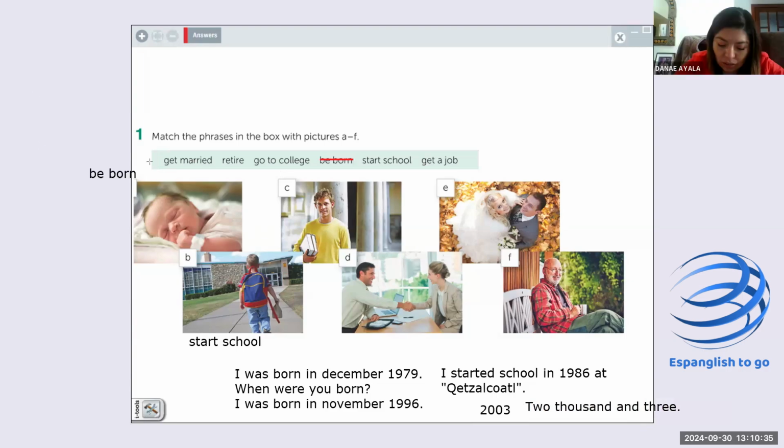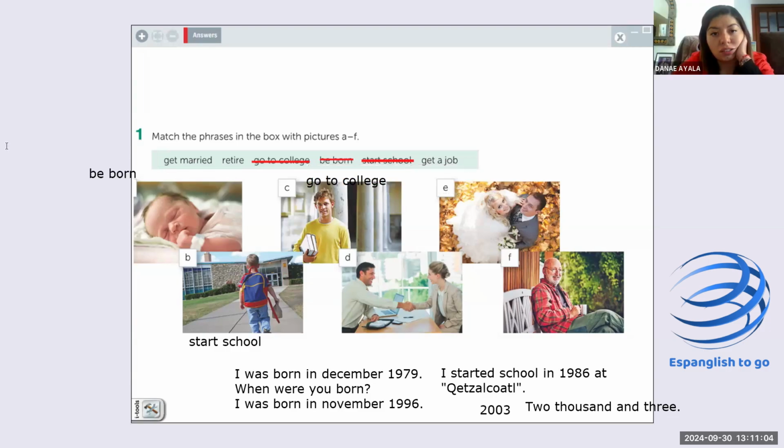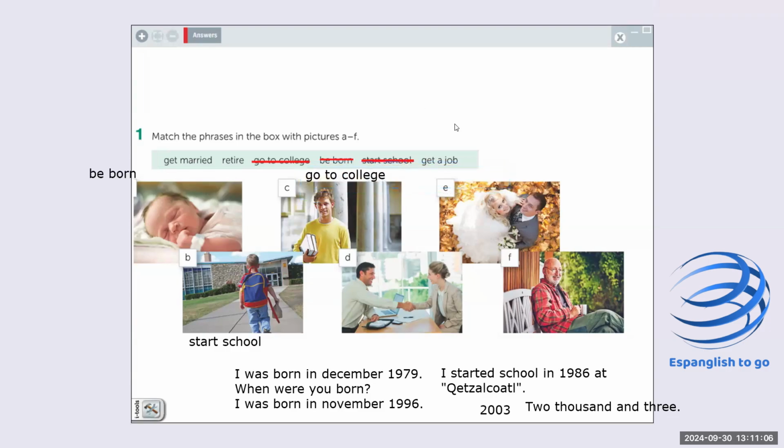Let's see. Letter C, what do you think letter C is? Go to college. Yes, college is a synonym of university. Different to colleague. Remember? Colleague, college. Now, letter D. Get a job.